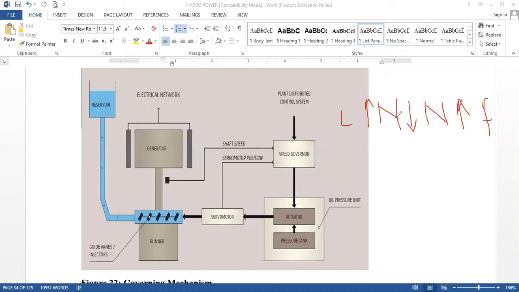To maintain the speed constant, we will introduce more fuel from the reservoir through the penstock towards the powerhouse or the turbine. By introducing more fuel, we can produce more electrical power to serve the increased load, maintain the speed at the rated value, and thereby maintain the frequency at the rated value as well. As far as the electrical system is concerned, these are really very important factors.